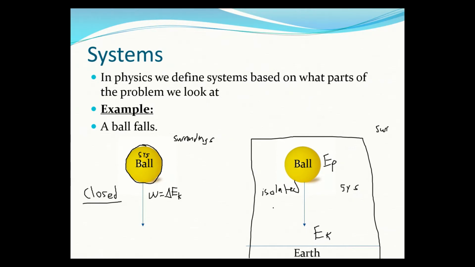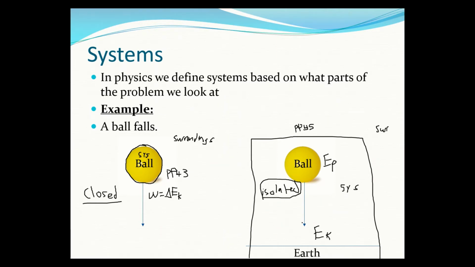And we need to look at things a little bit differently. So if we looked at this first system over here, we used physics principle number 3. But if we look at this one, well, we can actually use physics principle number 5 to do this one, which we haven't learned yet. It's the law of conservation of energy, where energy is being converted from one form to another, but none of it's being lost.